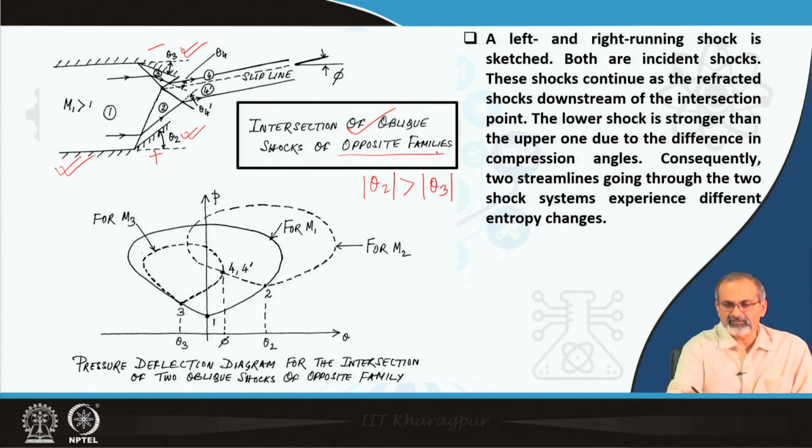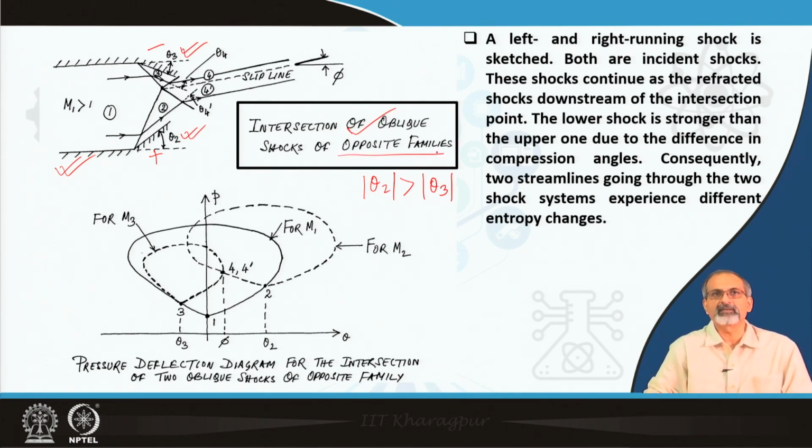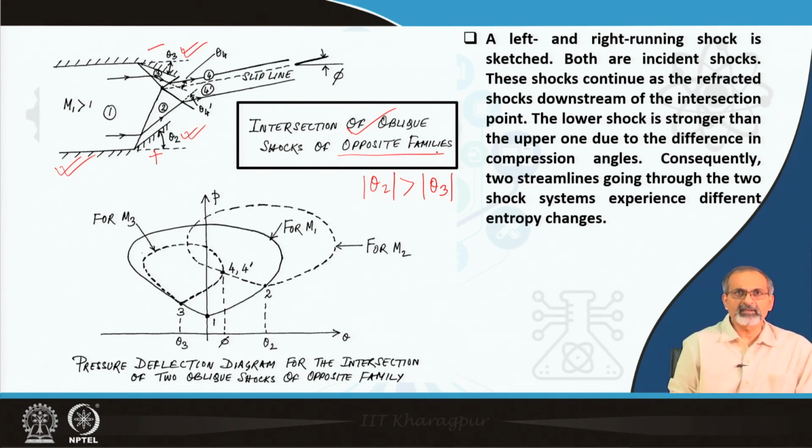First of all, they come from opposite families, one from the left running, the other from the right running family. Because the deflection angles are different, their strengths are also unequal, and therefore the pressure deflection diagram has a different appearance compared to what we had before. Let us try to see what goes on over here.